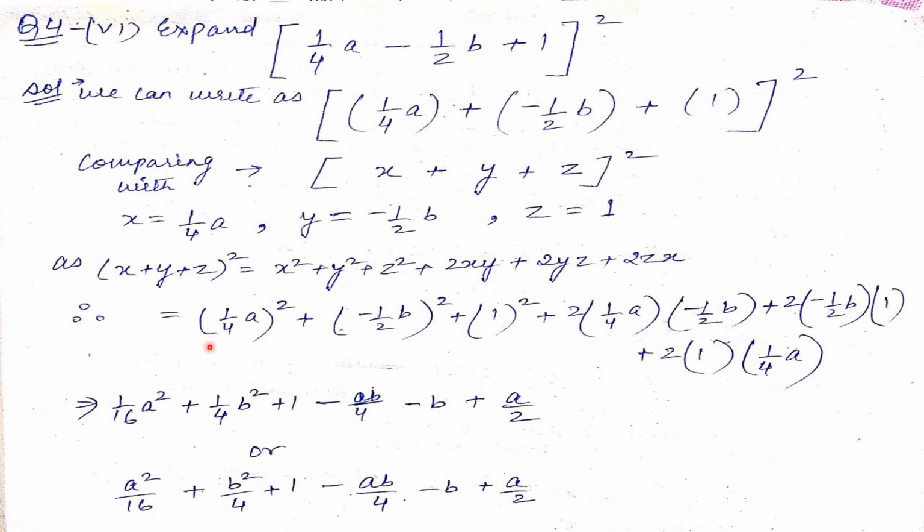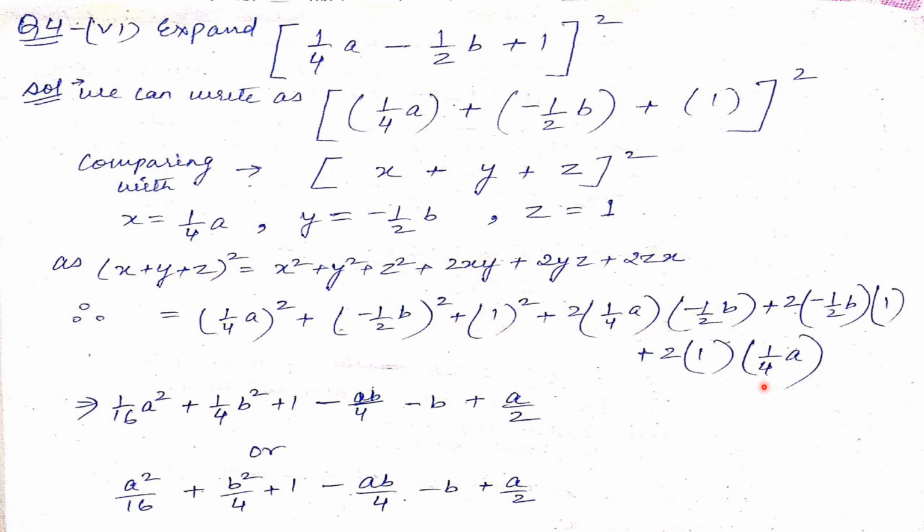Simply I have put the value of x in bracket, 1 by 4a square. Don't ever forget putting brackets when you are putting a value, because everything new comes in a packaging. So 1 by 4a whole square plus minus 1 by 2b whole square plus bracket 1 square.